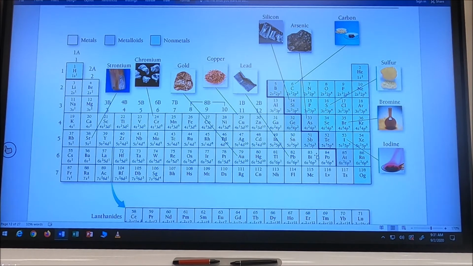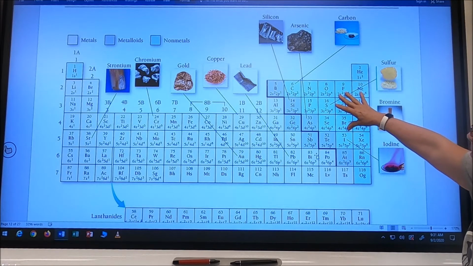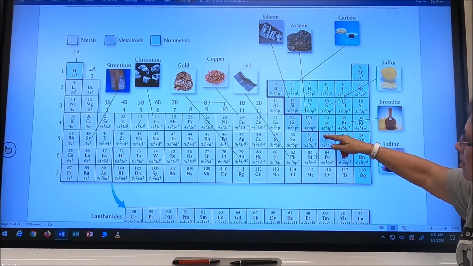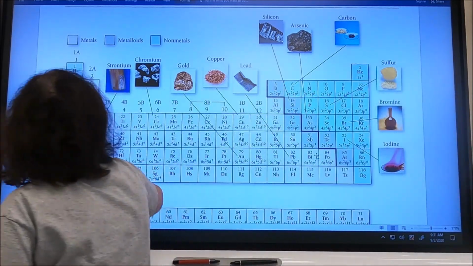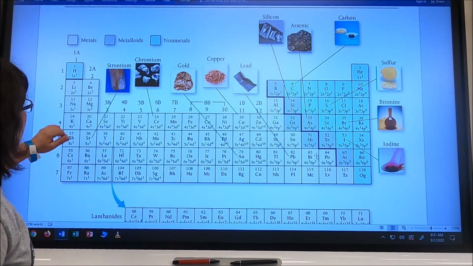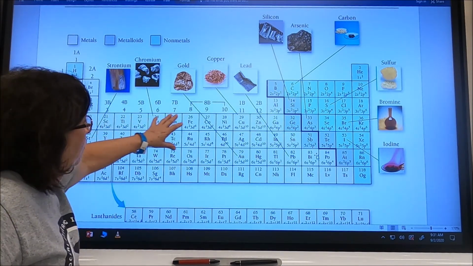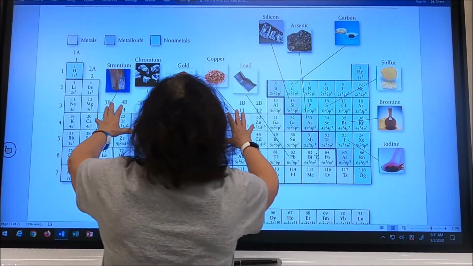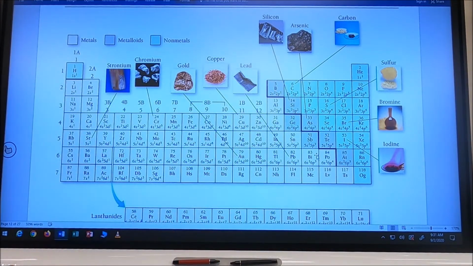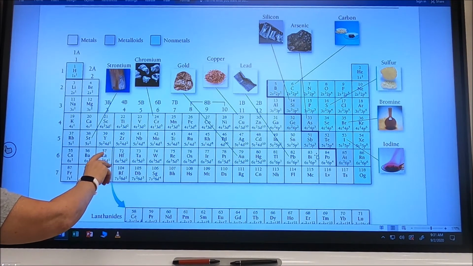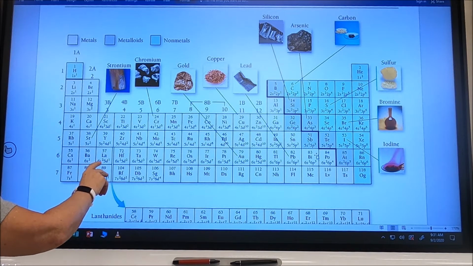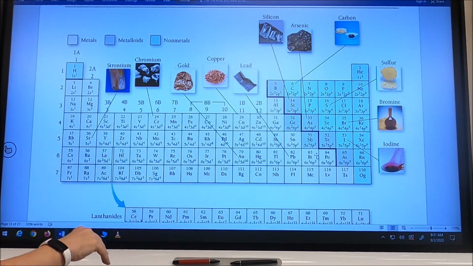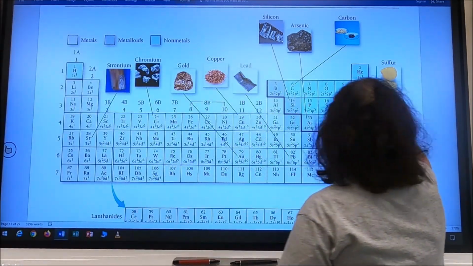Now, remember I talked to you about metals, nonmetals, and metalloids. Here's a periodic table that shows it. So we got the nonmetals here, the metalloids along the stair step, the metals over here. Okay, so main group, transition, intertransition. Couple of things I want to remind you about: a lot of these are gases.